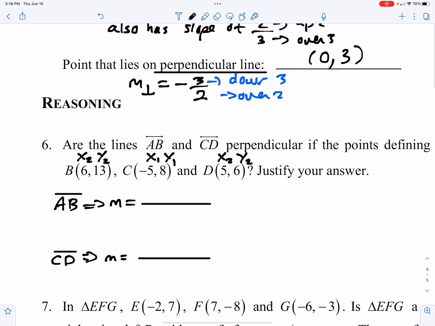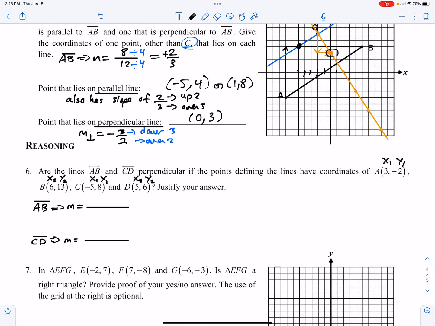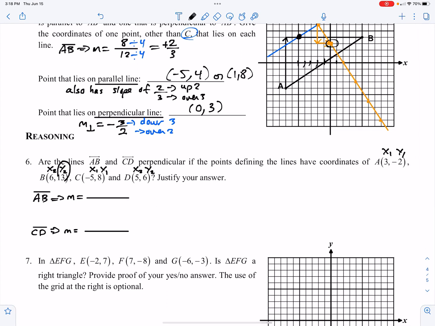Okay, so starting with the first part, y2, that's 13, minus y1, that's minus a -2, over x2, which is 6, minus x1, which is 3. You can see minus a minus there, so that's plus. And we have 13 plus 2 is 15, over 6 minus 3 is 3, and we get a slope of 5.